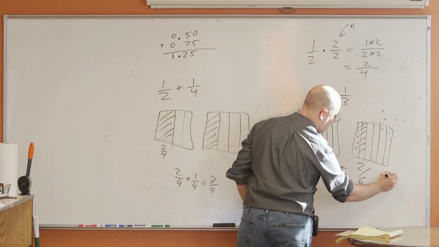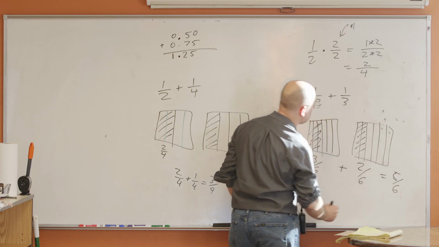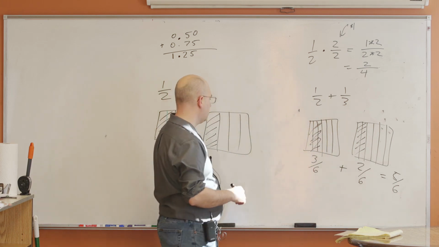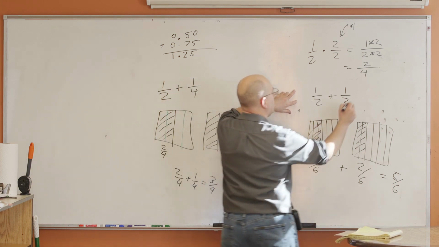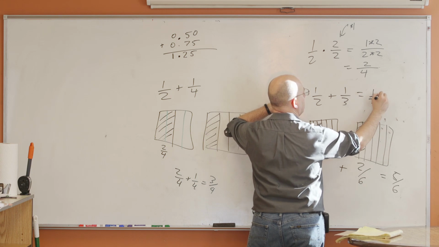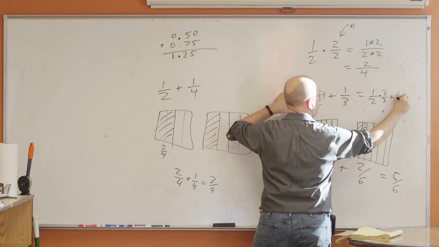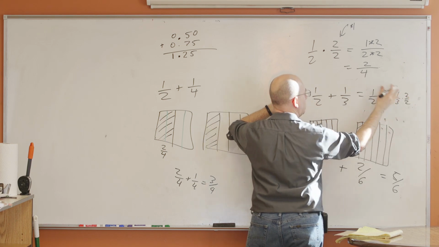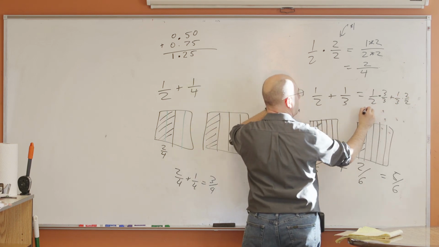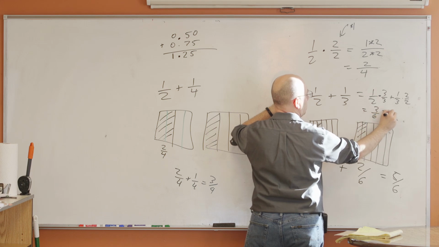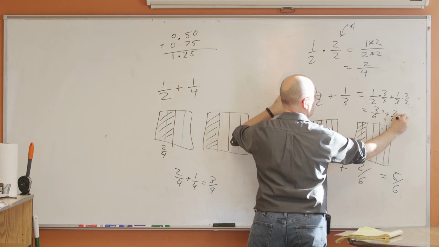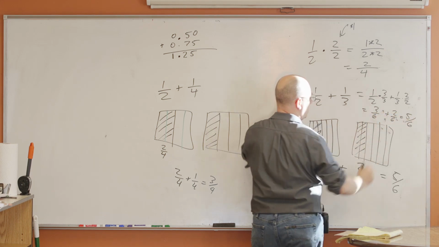You add them, and you get 5/6. And mechanically, you just multiply these things by the other number. 2/2 for the 1/3, 3/3 there. 3/6 plus 2/6 equals 5/6.